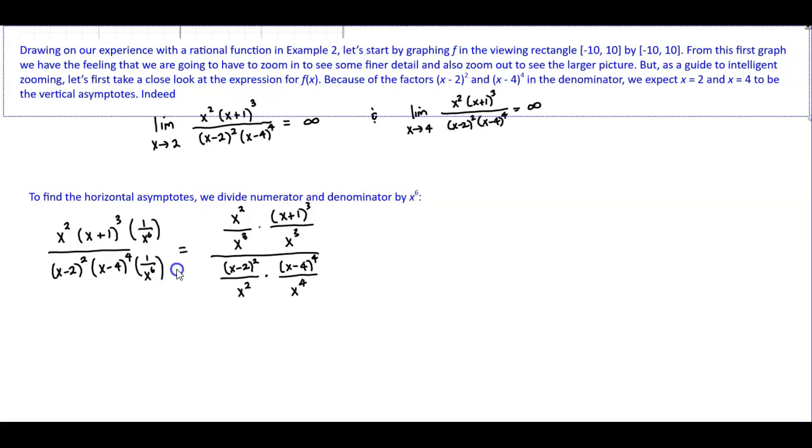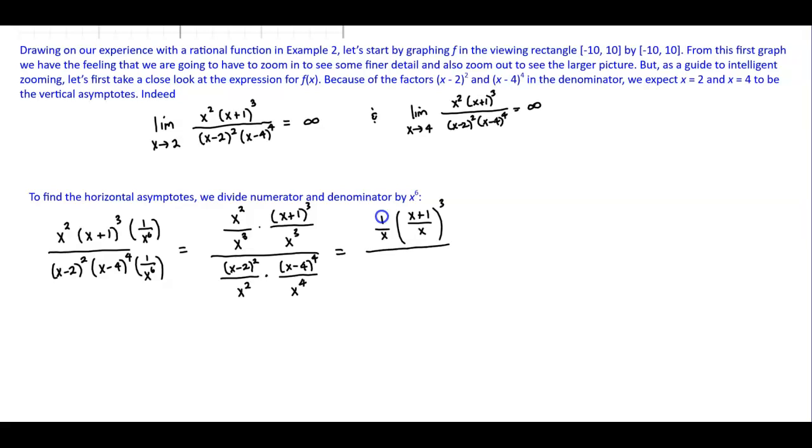Now we can simplify this a little further. x squared divided by x cubed is 1 over x. And then here we have x plus 1 over x, and that's cubed.